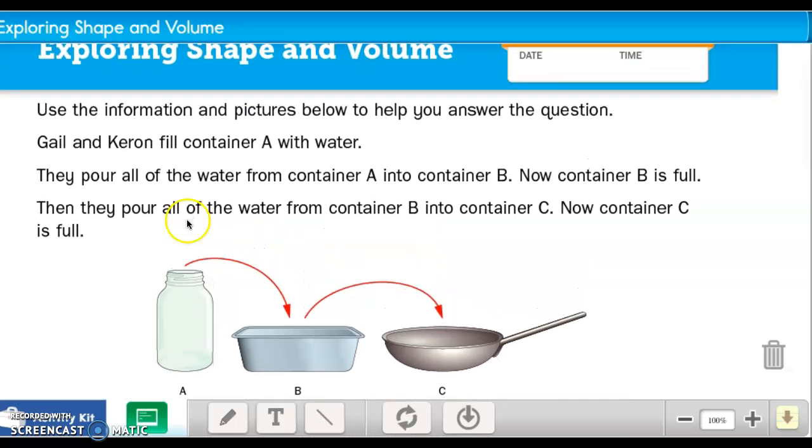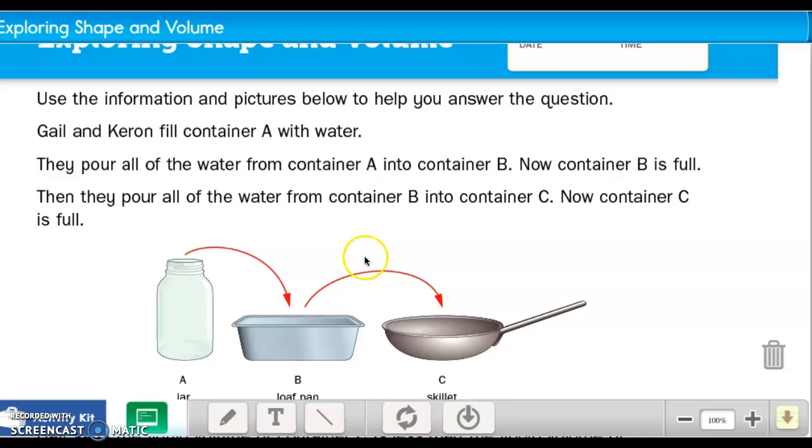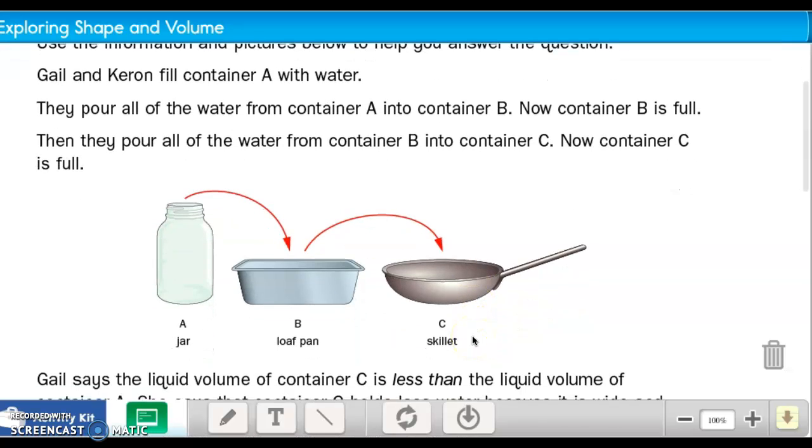They pour all of this water from this container into container B. Now container B is full. Then they pour all the water from container B into container C, and now container C is full.